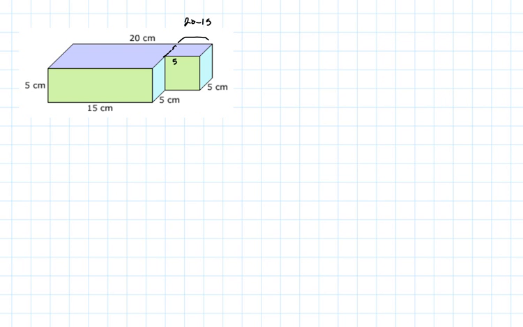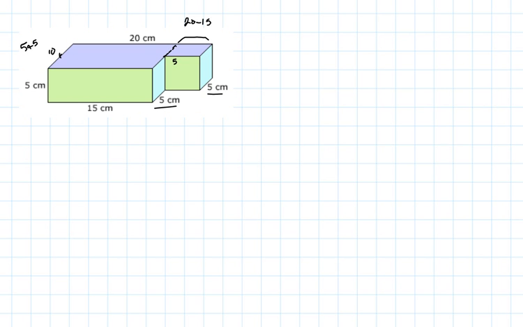The other side that we don't have a length for is this side right here. You look at this side, we have a 5, and here we have a 5, so this must be 5 plus 5, which is 10 centimeters.